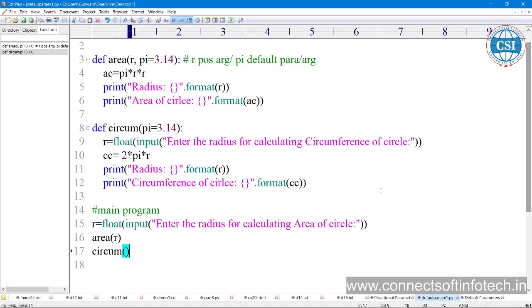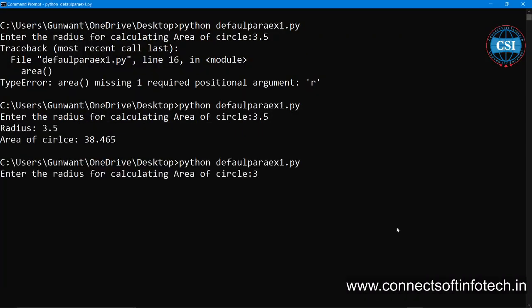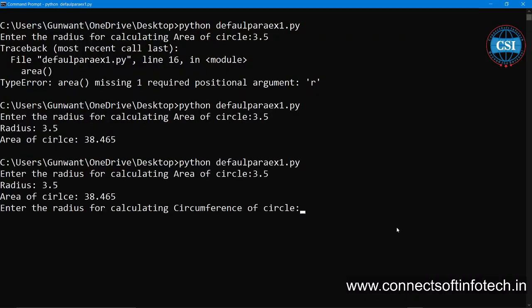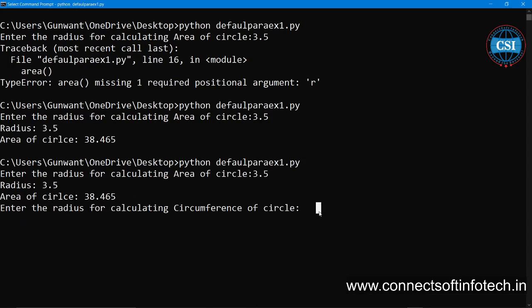Not required, because it's a default parameter. Okay, now once again radius. Enter the radius for calculating circumference of circle. So I'm entering here 3.5 same.